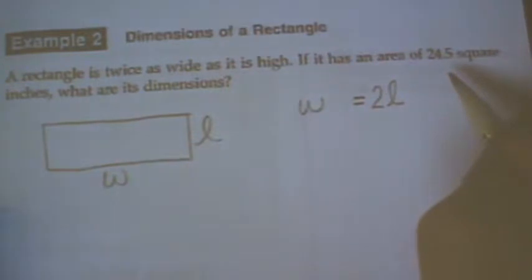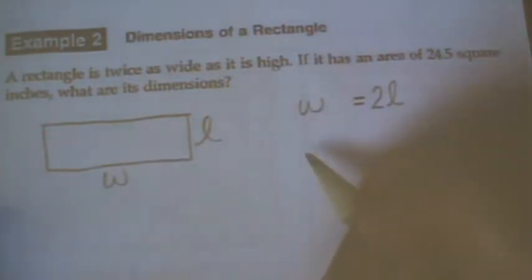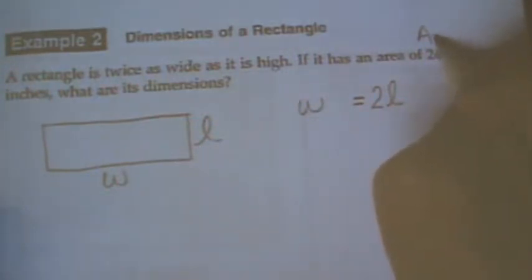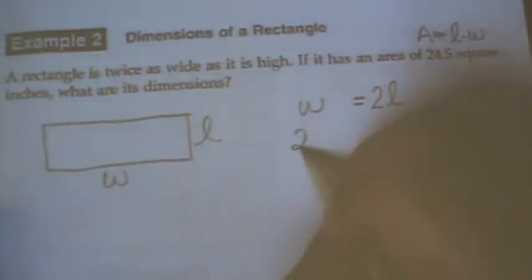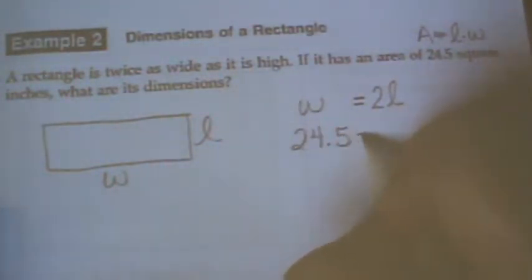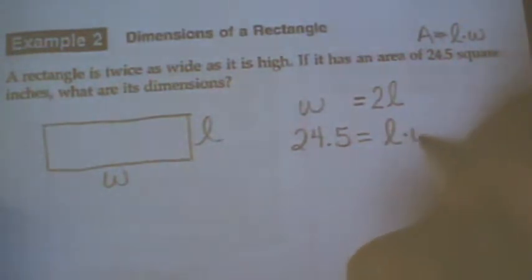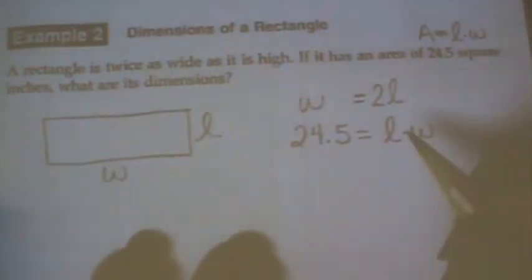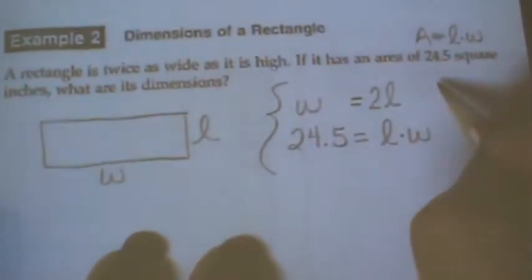Now it says if the area is 24.5, how do you write area? Area is equal to length times width. So can we write 24.5 is equal to LW? Do you agree with that? Yes. Now these are your two equations.